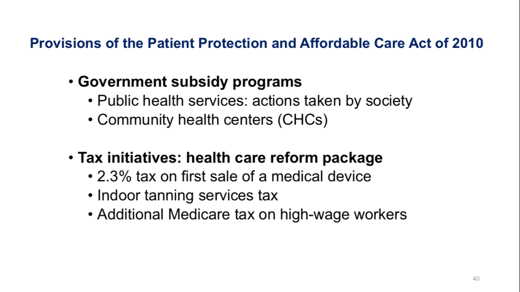So there is $15 billion over 10 years for prevention. The other subsidies could be community health centers, which treat patients with multiple chronic conditions. Again, it's very cost effective.